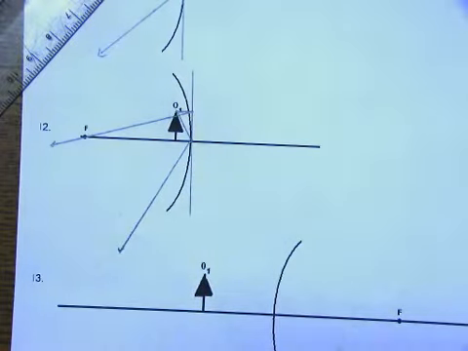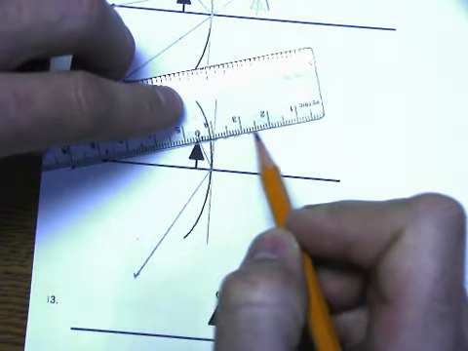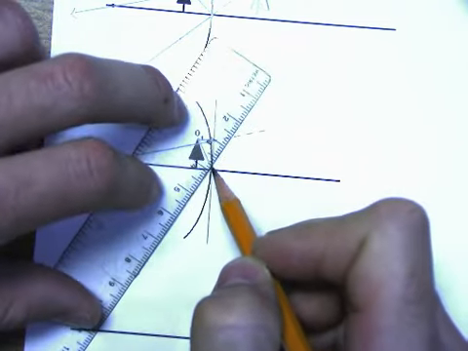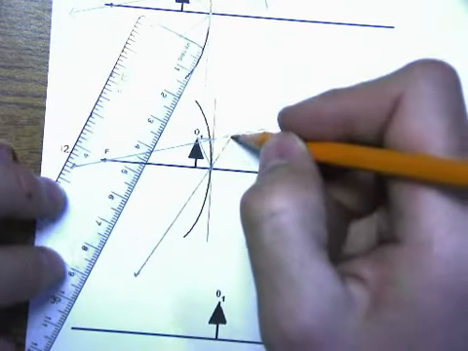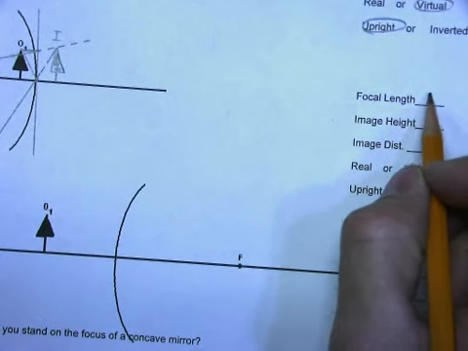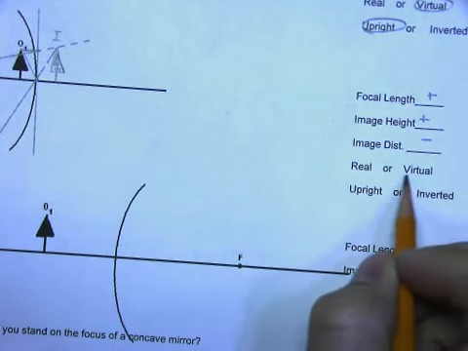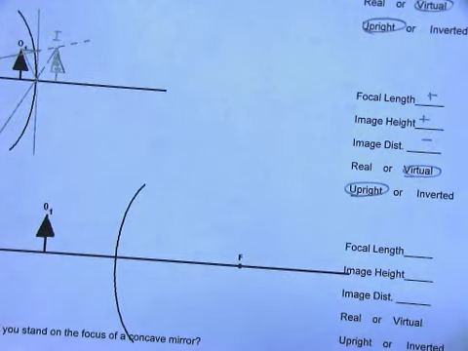So these guys are diverging as well, so I just chase them backwards. So my image is right there. So the focal length here, still positive. Image height, positive. Image distance, negative. Virtual, upright.